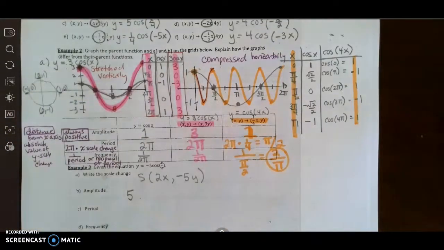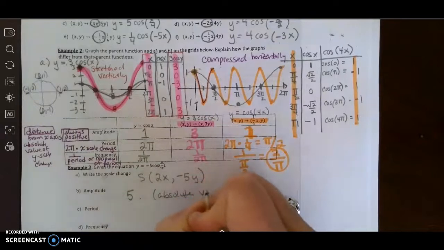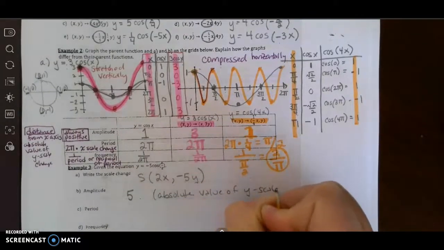Okay, so that's 5. The period, we said, is 2 pi times the x scale change. So I'm going to even want to write here, amplitude is absolute value of y scale change, just so we have it here as well.